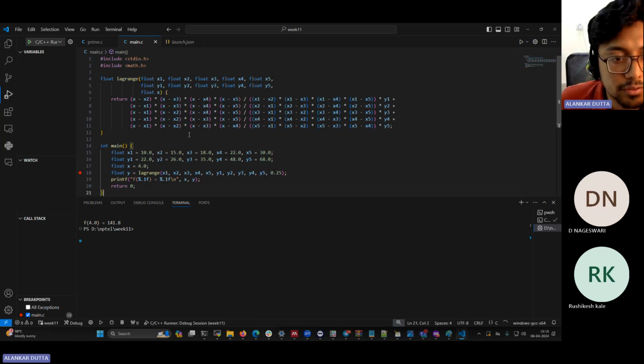So we have used the value at 4, and then we are calling branch with x1, x2, x3, x4, x5, and y1, y2, y3, y4, y5, and then x is this. Right.